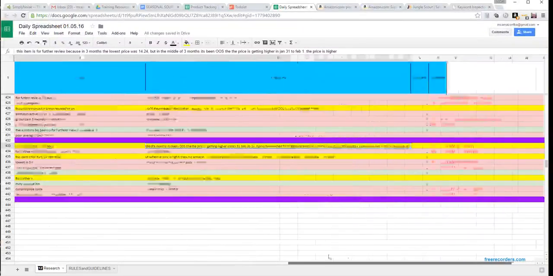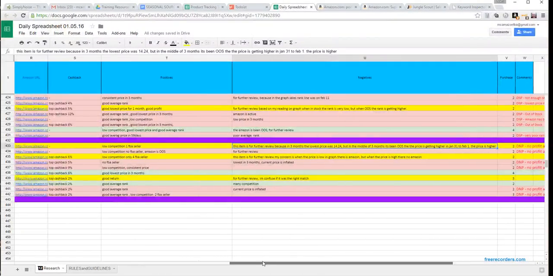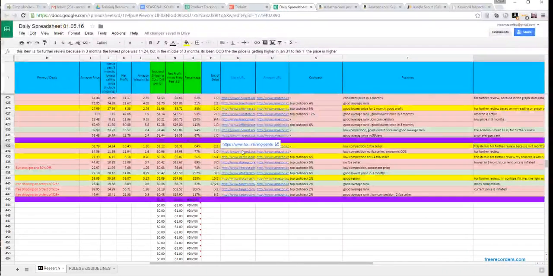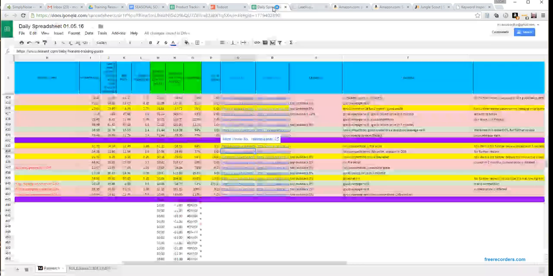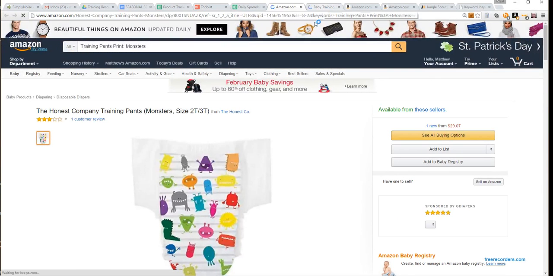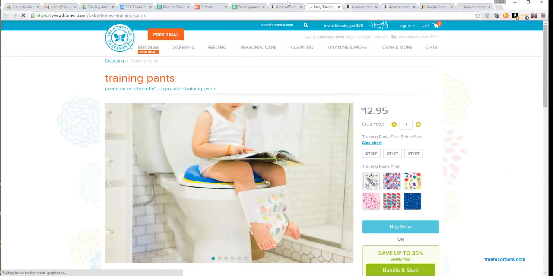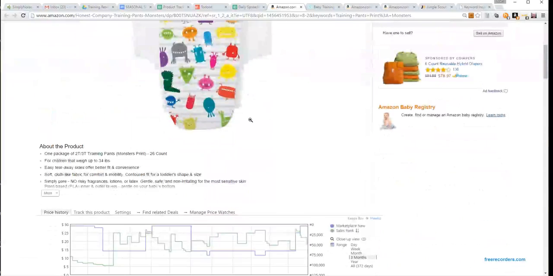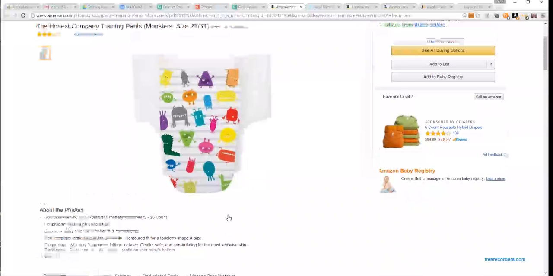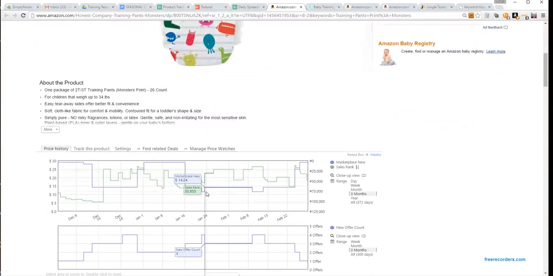Okay, I think this one was for further review, but I highlighted it red. 12.95. Okay, so to get the lowest price, 11.69, we need to find out whether that's the lowest price including shipping or excluding shipping.